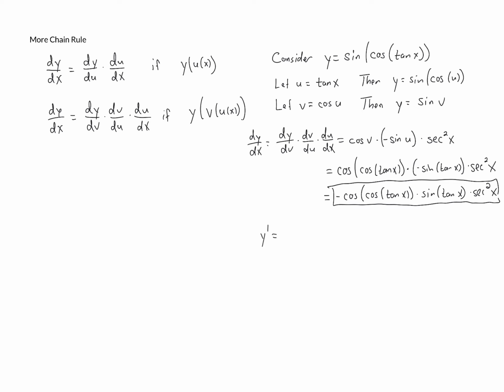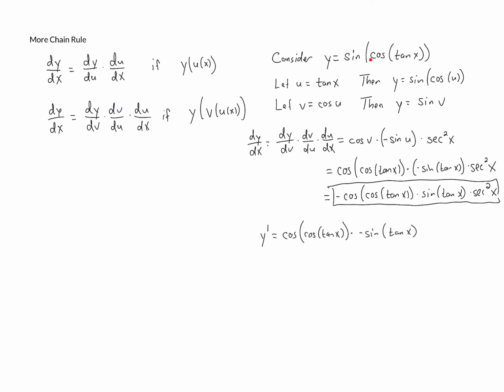So if we start on the outside, differentiating sine, we've got cosine of all of that, cosine of tangent of x, times, and then we move inside one function. The next one is cosine. The derivative of cosine is negative sine of whatever's on the inside, tangent of x, right?